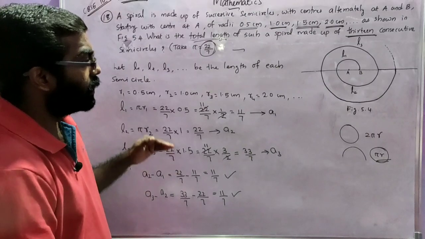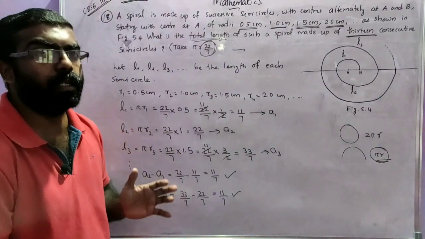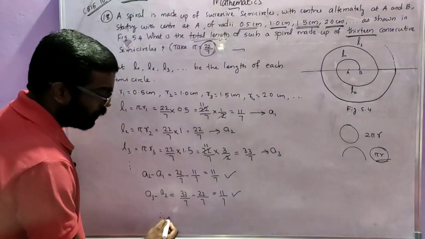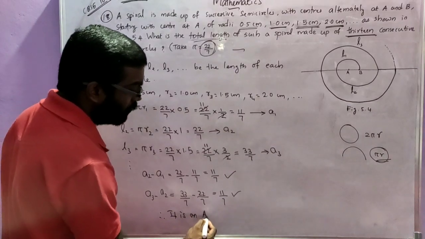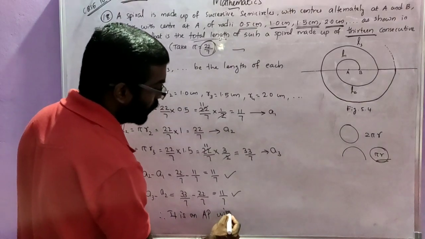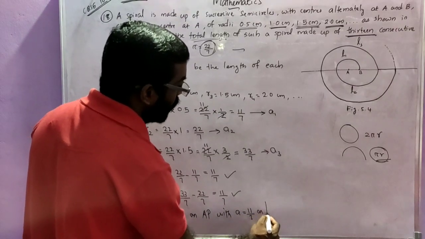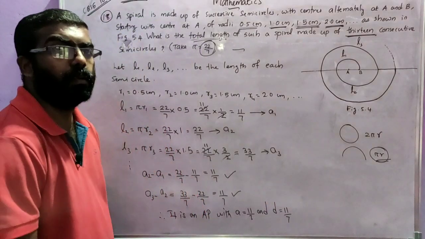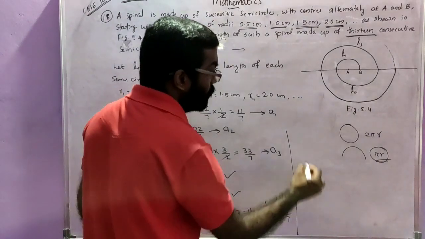That means the list of numbers forms an AP, or the given situation is an arithmetic progression. So therefore it is an AP with the first term A equal to 11 by 7 and D also equal to 11 by 7. Understood?